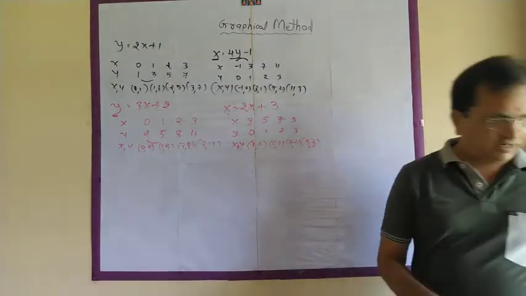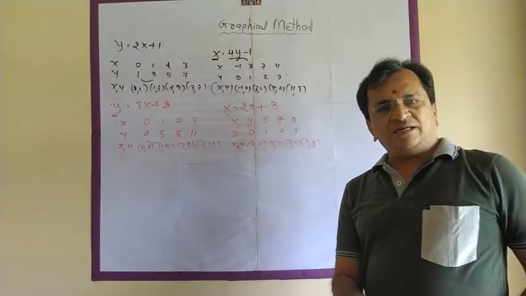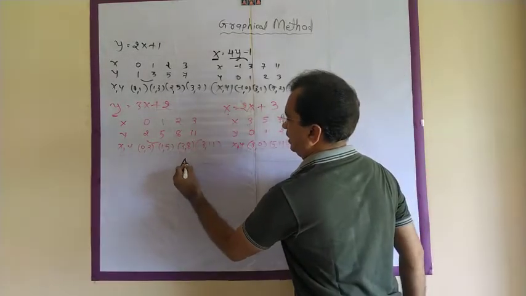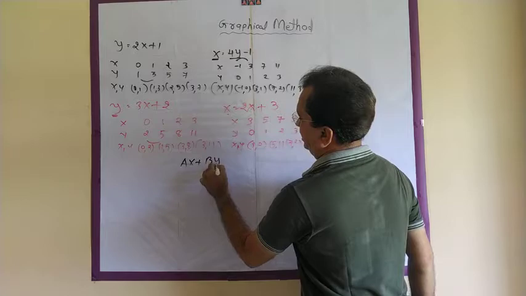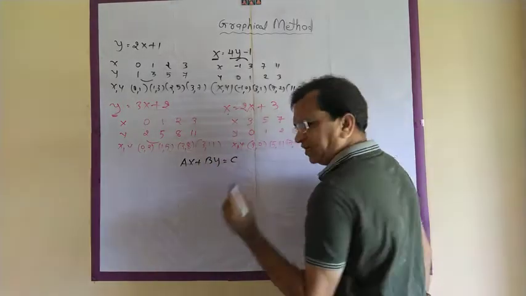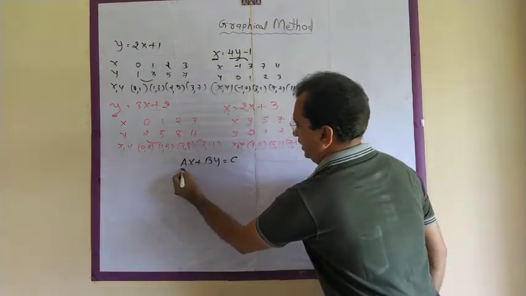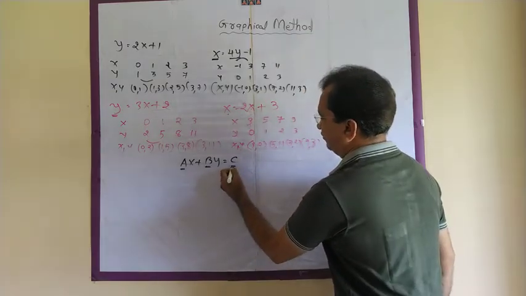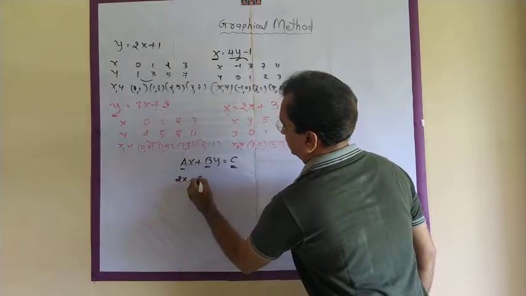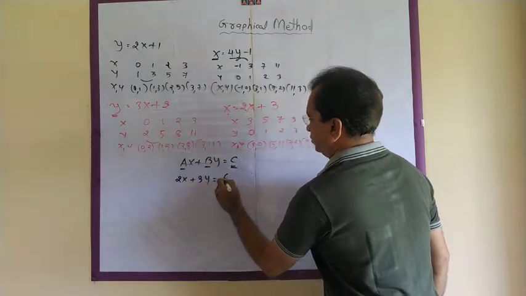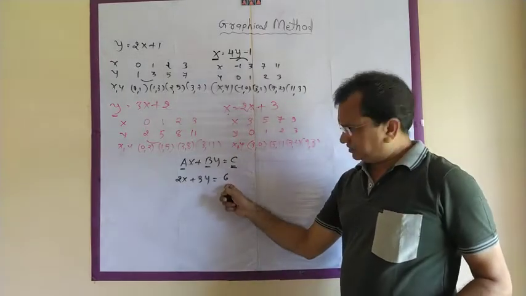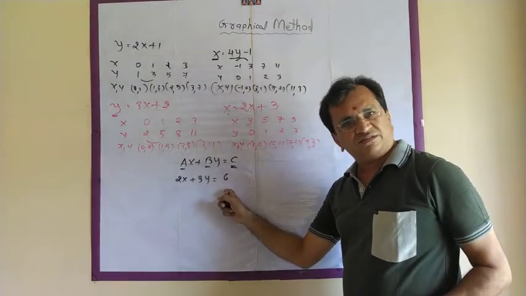Suppose the coefficients are factors of c. For example, the standard equation is what? ax plus by is equal to c. If the equation is given in a form where a and b are factors of c, for example, 2x plus 3y is equal to 6, 2 is a factor of 6, 3 is a factor of 6.